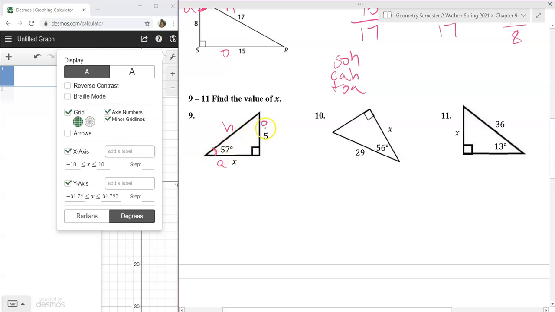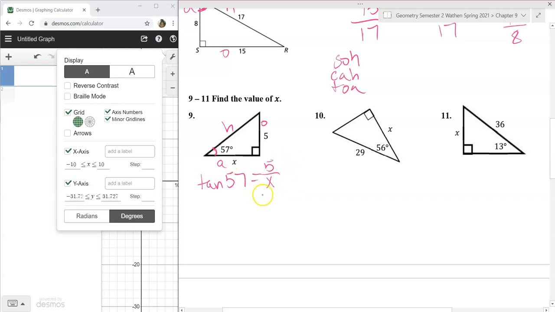The opposite is directly across from the angle we're given, and the adjacent is right next to that angle we're given. Since I'm working with opposite and adjacent, I'm going to use tangent because tangent is opposite over adjacent. So the tangent of 57 is our opposite over our adjacent. And we can go ahead and solve that.